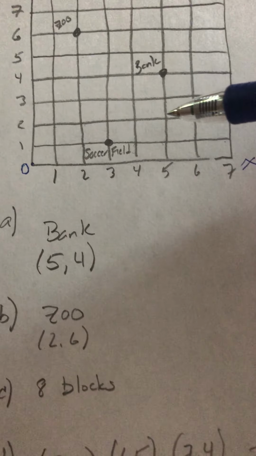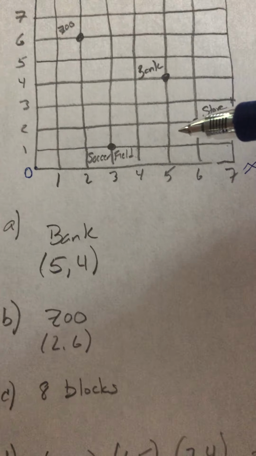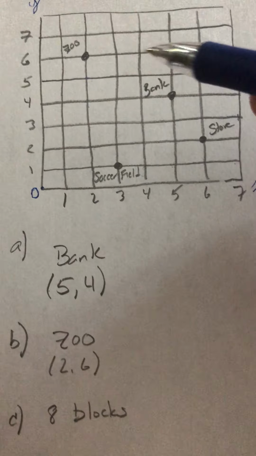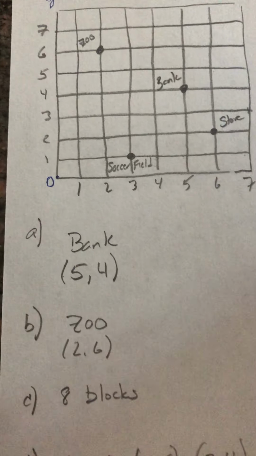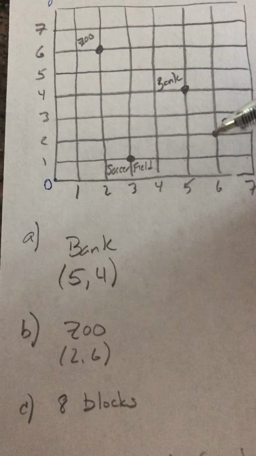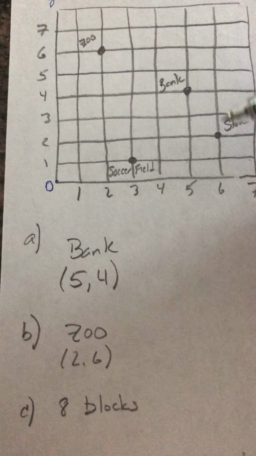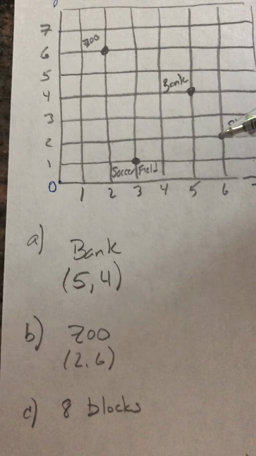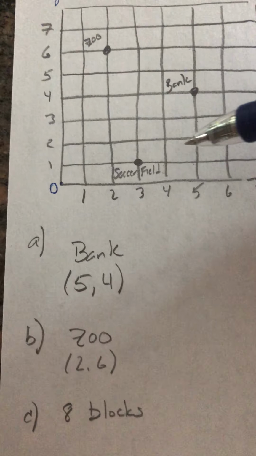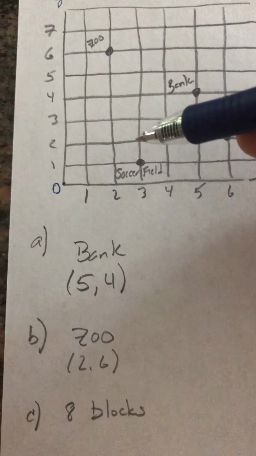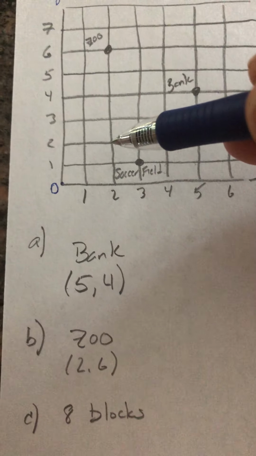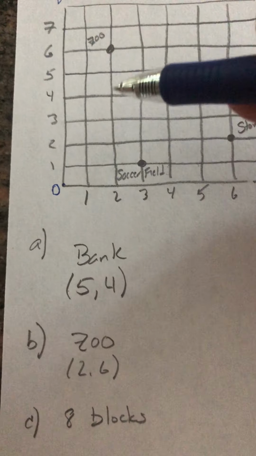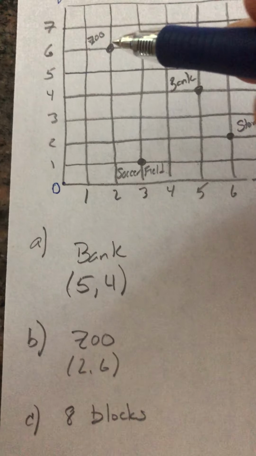They want to know, moving along the grid lines, what is the shortest distance from the store to the zoo? So same concept, we're just going to count how many blocks or spaces we would have to move in order to get from the store to the zoo. So an easy way, we could go left, so we go 1, 2, 3, 4 blocks to the left, and then 5, 6, 7, 8.